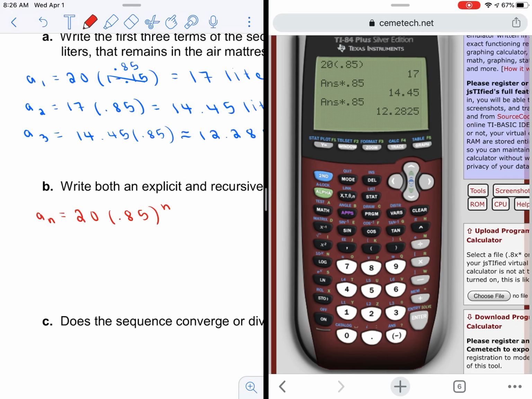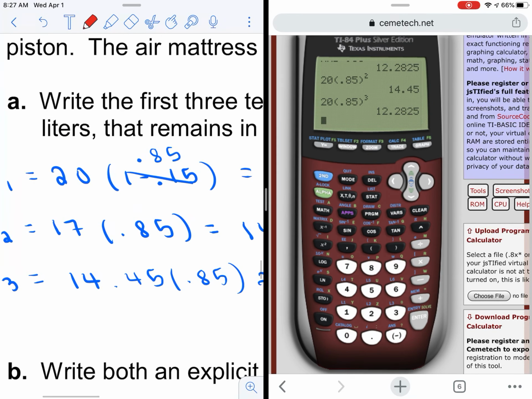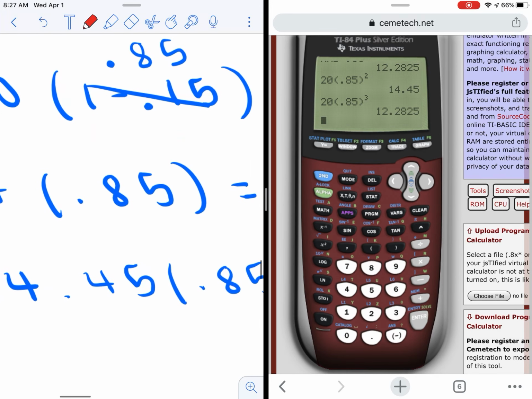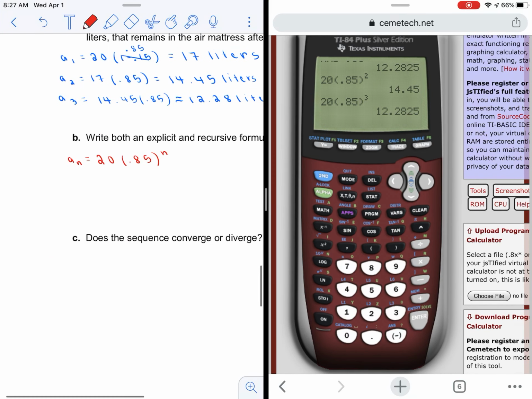If I want to find the second term, that would just be taking 20 and multiplying by 0.85 2 separate times. Or if I take 20 and multiply by 0.85 to the third power, that's going to take me to that third term, because I keep multiplying by 0.85: here's 0.85 a second time, 0.85 a third time, and that's how I'm getting that answer.